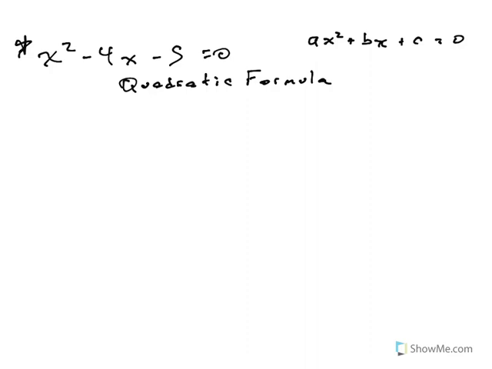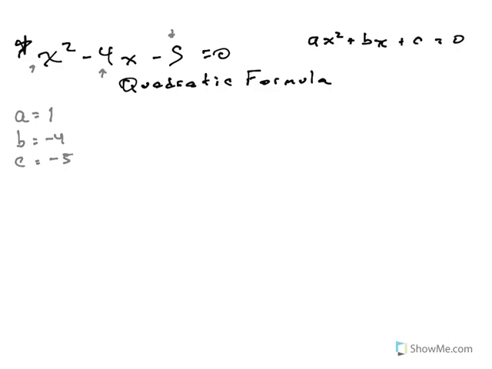Once it's in standard form, then go ahead and figure out what is your a, what is your b, and what is your c. So for us, our a is the term in front of the x squared, that's plus 1. Our b, that's the term in front of the x, that's minus 4. You have to include the sign. And our c, that's the term without the x at all, that's minus 5.